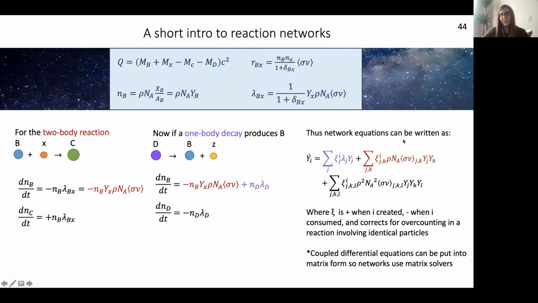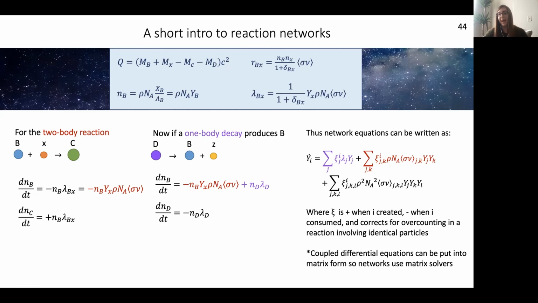So network equations can then generally be written as your abundance as a function of time, Y dot, that's just dY/dt, is the sum of the one-body decays plus the sum of the two-body reactions plus the sum of three-body reactions. And these coefficients are going to be positive when i is created and negative when i is consumed.